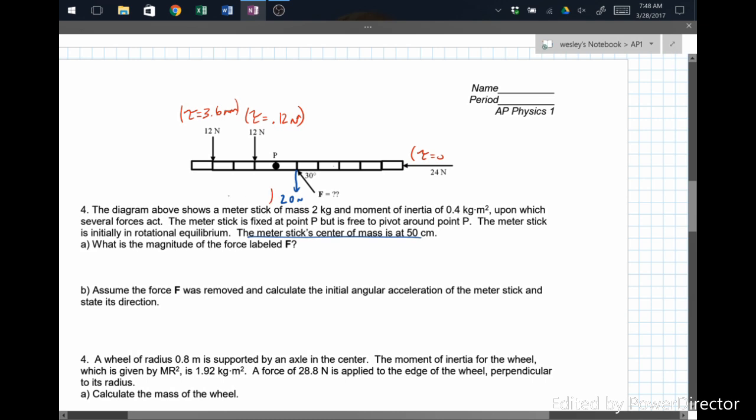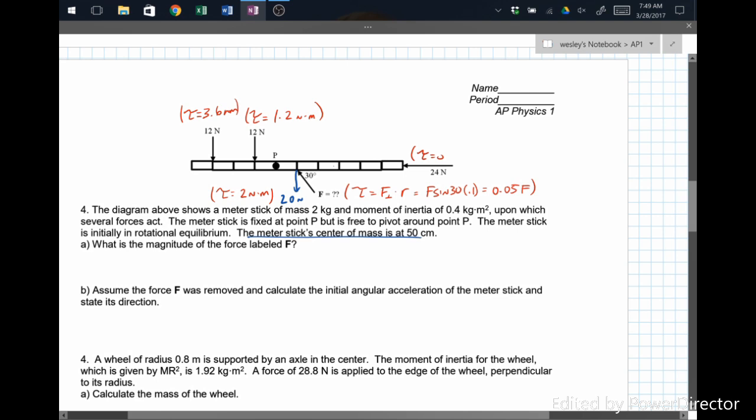For the 20 Newton object, the torque is going to be 2 Newton meters. And then from this force down here, because it's at an angle, it's going to be the perpendicular part of our force times our radius. So that's F sine 30 times 0.1. So we put all that in, and it's 0.05 F.